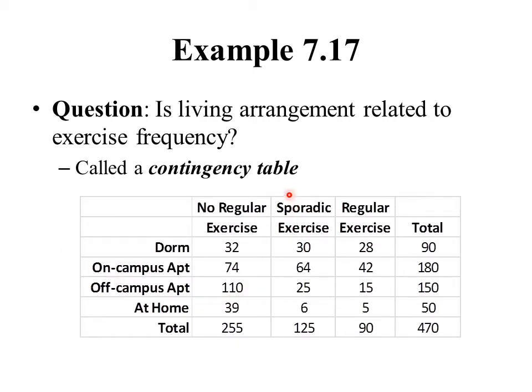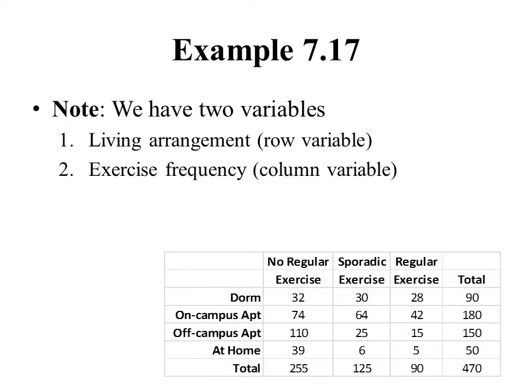We're asking, is exercise habit related to where they live? Or to state it another way, is there a difference between these four different populations of students? But we're going to state things a little bit differently than using proportions.